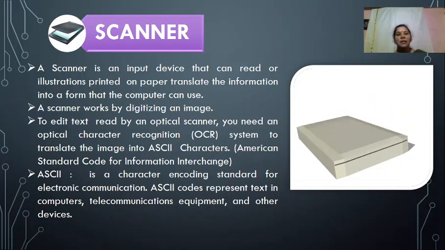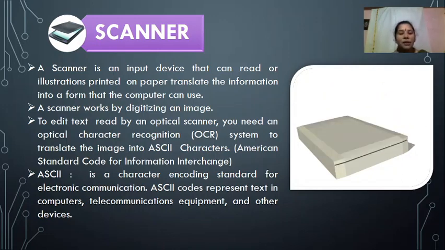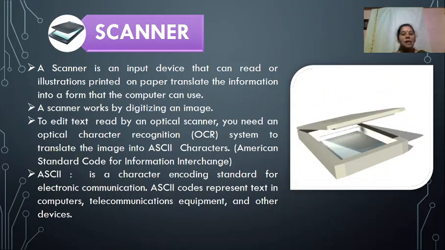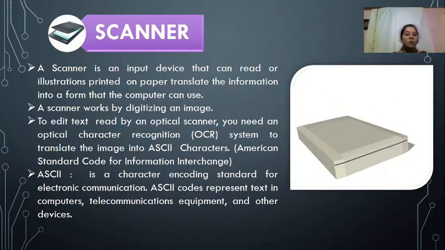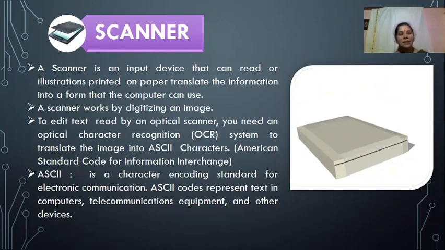How does your photocopy machine work? Whenever you insert a sheet of paper into a photocopy machine, the result comes out. But here, what is happening in the scanner? Even this does the same thing. It converts the characters into ASCII characters. What is this ASCII?